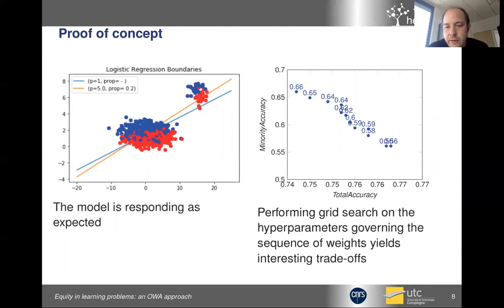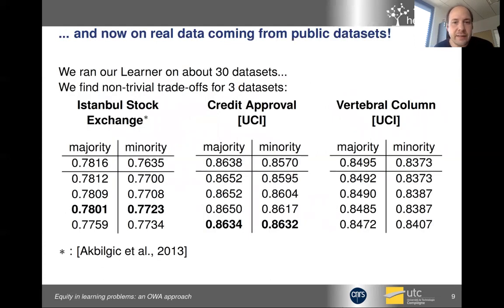And here you see that on the minority, so on the upper right populations, we can gain up to almost 10% of accuracy on this population without giving up too much on the total population. We drop by about 1 or 2%. So these are the results on our synthetic data sets.